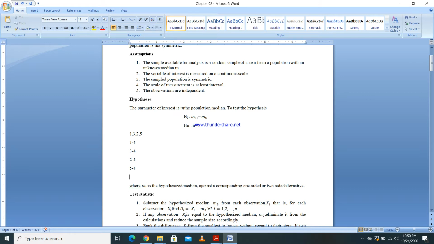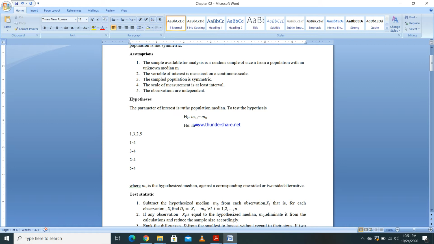So what will happen in this case if you get a 0 difference? What do you think? What can you do? Same thing, right? So in this case also, if you get a 0 difference, we are going to eliminate that point and reduce our sample size accordingly, right?